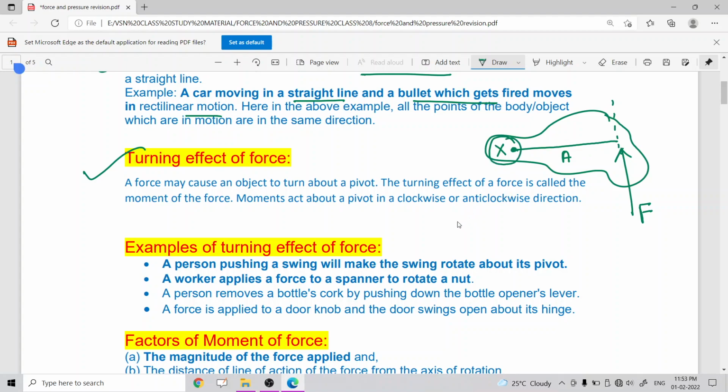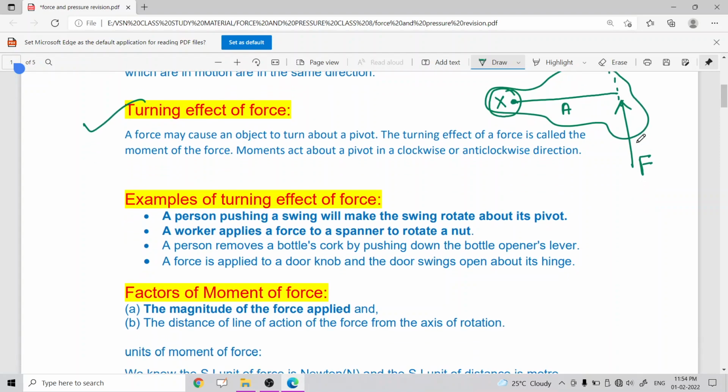So when a body is fixed at a particular point, that point is called the pivot, and you apply a force away from the pivot. Moment of force means the product of force and the perpendicular distance between the pivot and the line of force. So moment of force is equal to F into this distance.